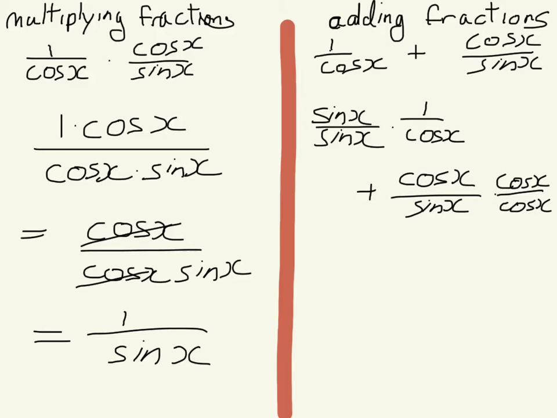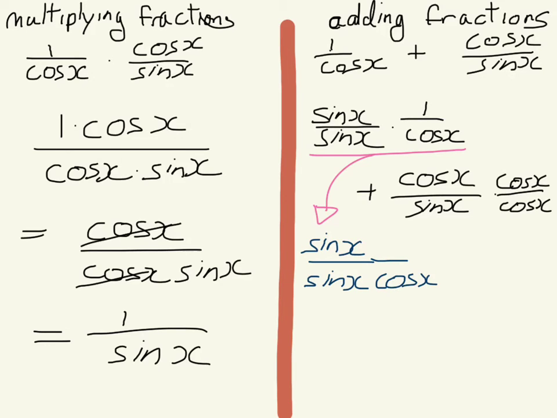So if I make this all one fraction, this bit becomes, because again I'm multiplying a fraction by a fraction, sine x times 1 over sine x times cosine x, and the right bit is cosine x times cosine x, which is cosine squared x, over the same thing, sine x times cosine x.